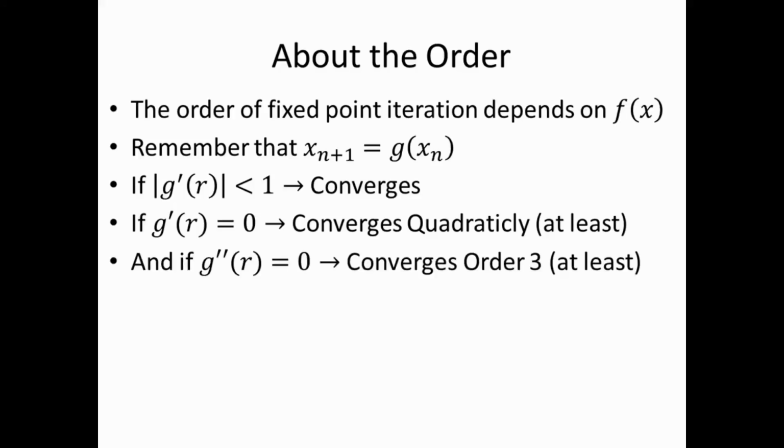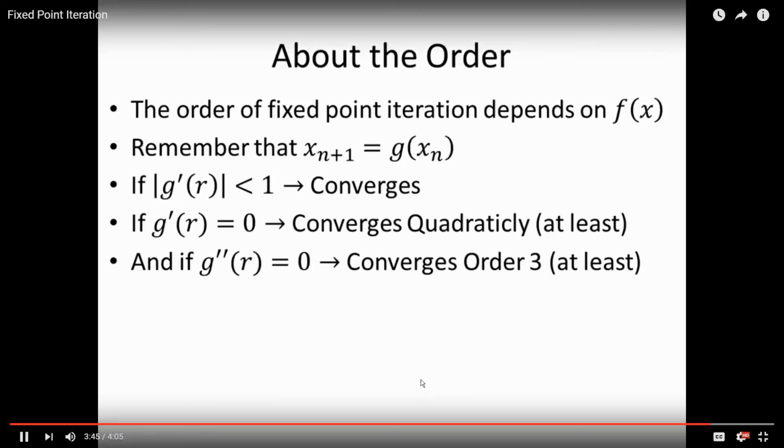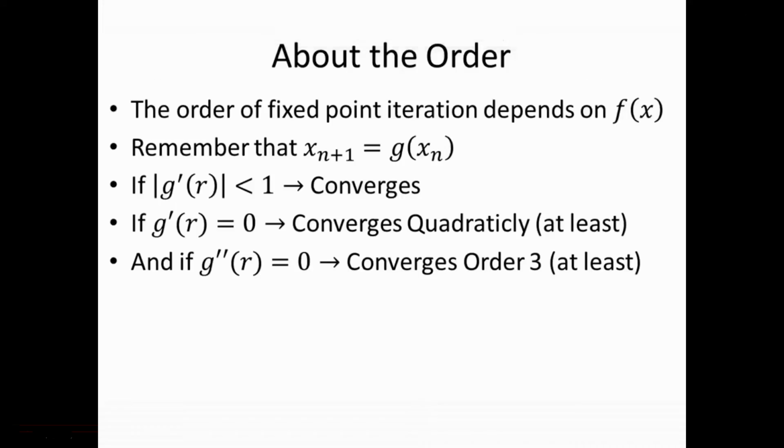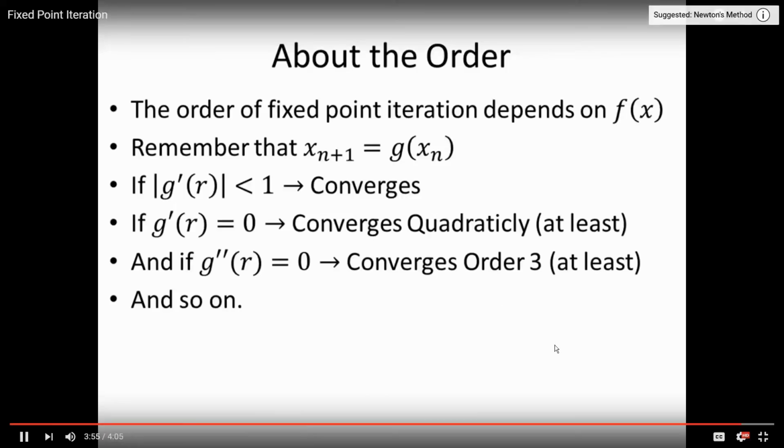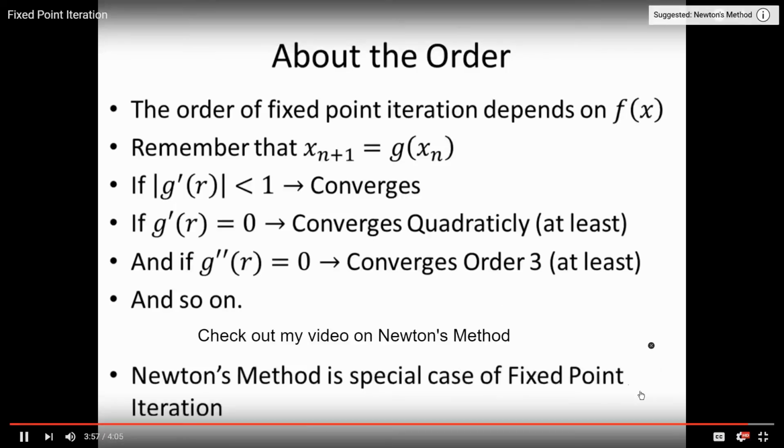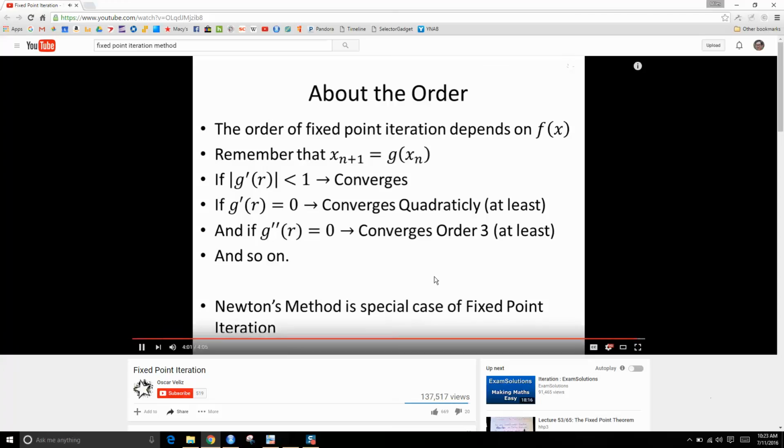And if you take the derivative of g prime to find g double prime, if that is also equal to 0 at r, then the function will converge with order 3, and the pattern continues. So if g triple prime at r is also equal to 0, then it will converge of order 4, and so on and so forth. Please also note that Newton's method is actually a special case of fixed point iteration.